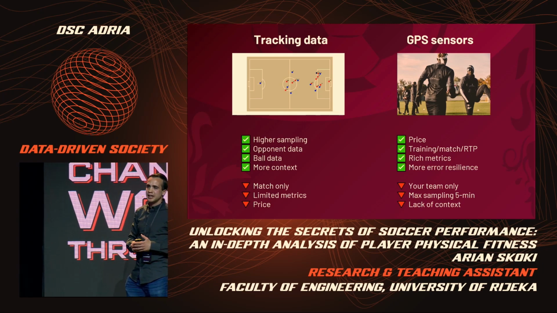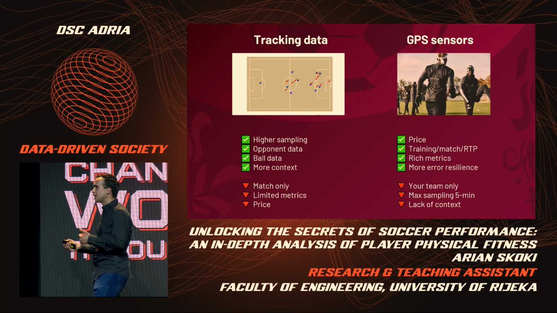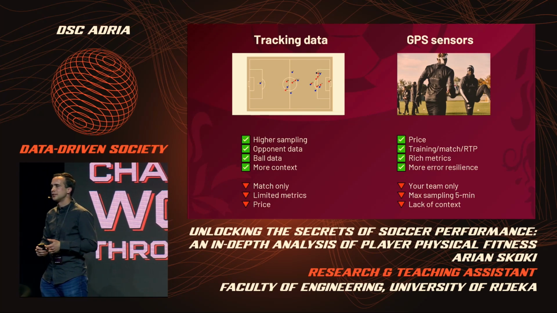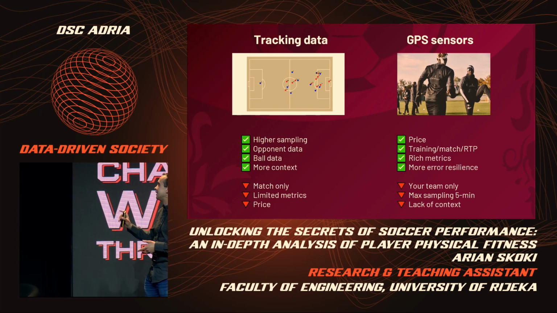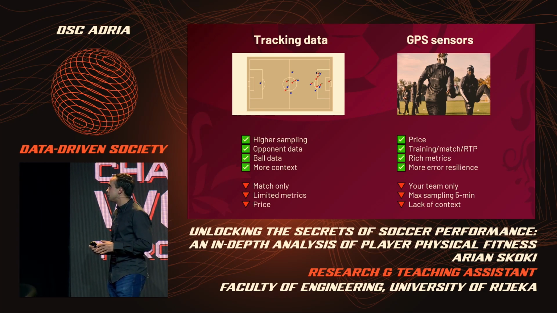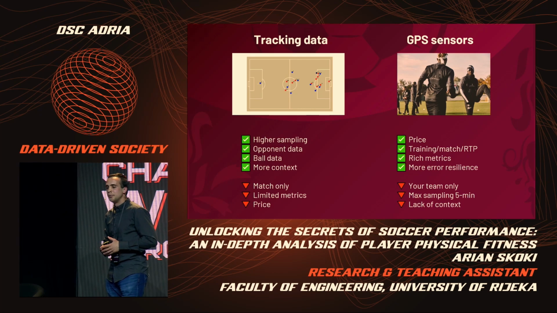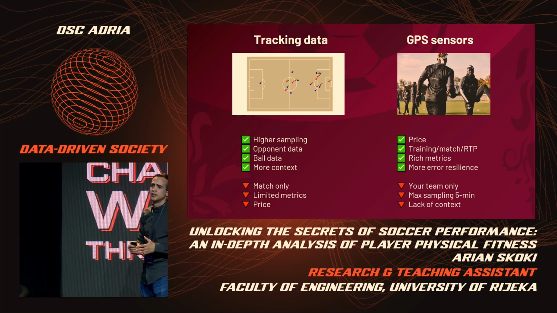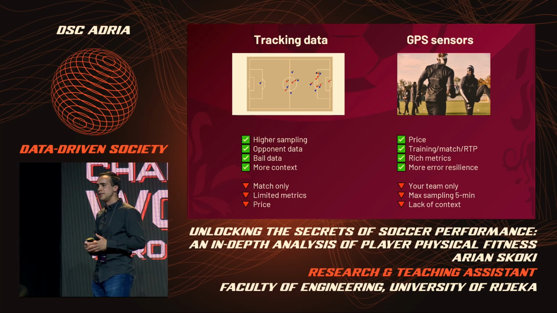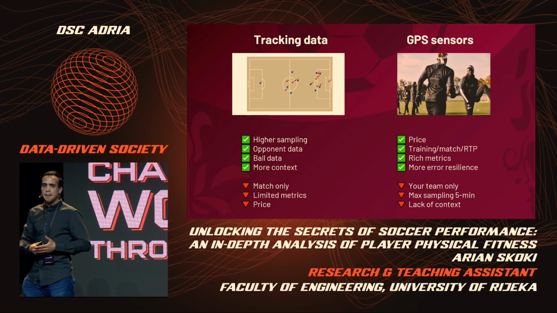GPS sensors, on the other hand, are cheaper because these systems with cameras cost hundreds of thousands of euros. This is like in a range of 2,000 to 3,000 euros per unit, but it can be even cheaper. GPS sensors are the gold standard for calculating the physical metrics in football.